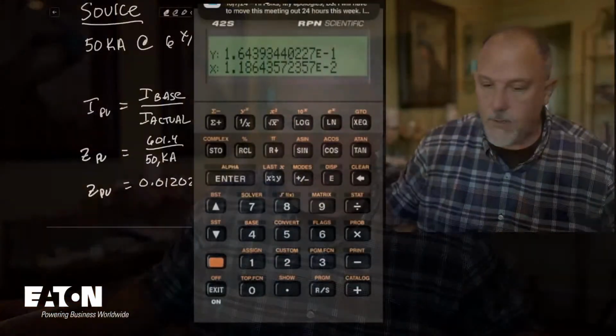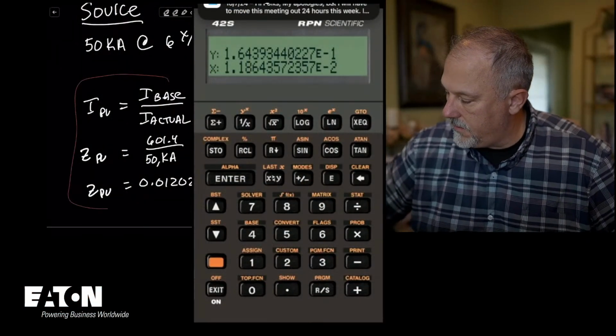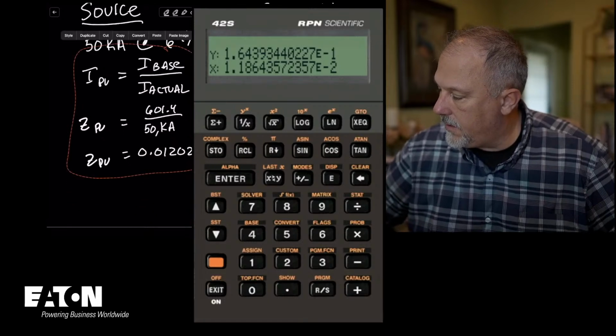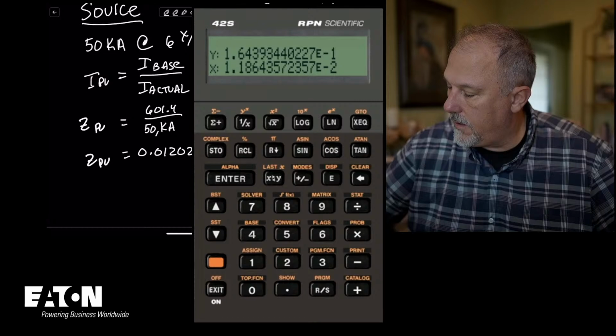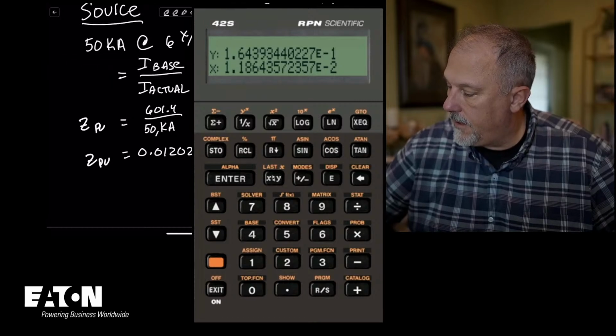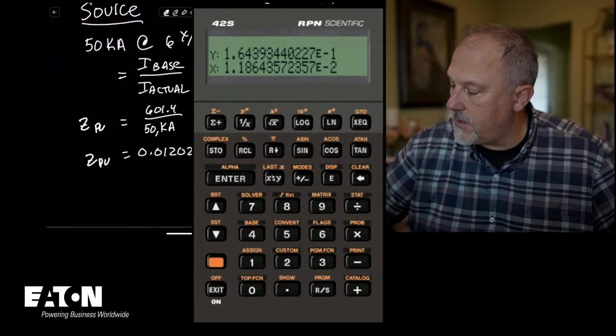All right, so we calculated the R and X for our source circuit. And what I want to do is move all of this up. Remember, these are Z per units.